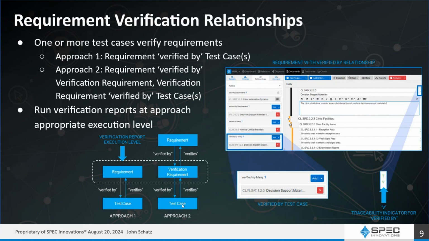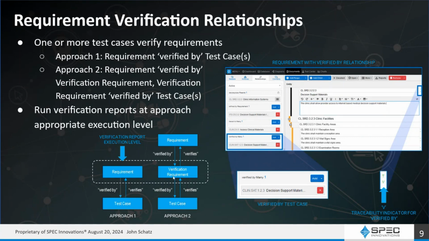I've seen it done both ways on large programs. The key takeaway here is that the verification labels, the analysis, the demonstration, the inspection, you're going to want on this tier right here, one removed from the test case. So you're going to want to be running those reports from the requirement level if you're using approach 1, and from the verification requirement level if you're using approach 2.